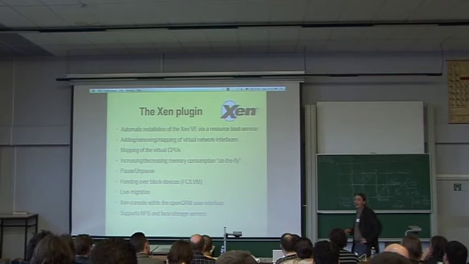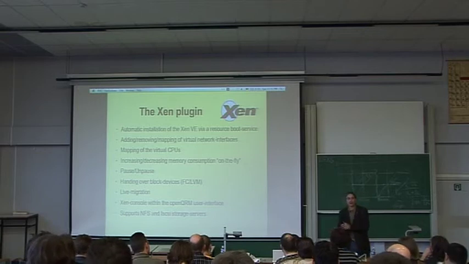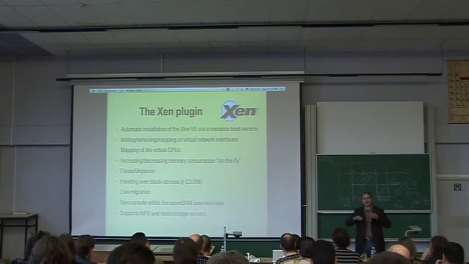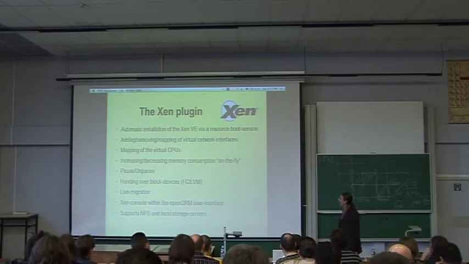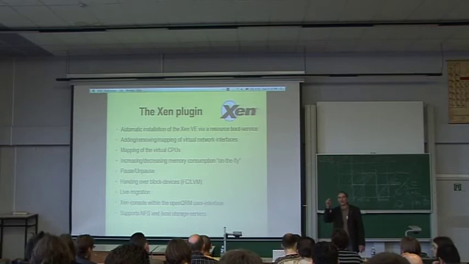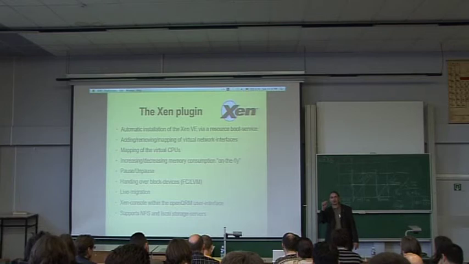We recently added live migration support for Xen, which is the first step to this cloud computing stuff where things are balancing and scaling up automatically. We also added a Xen console in the openqrm user interface. That means that inside a web browser, with the openqrm user interface, you can directly access the console of your virtual machines.